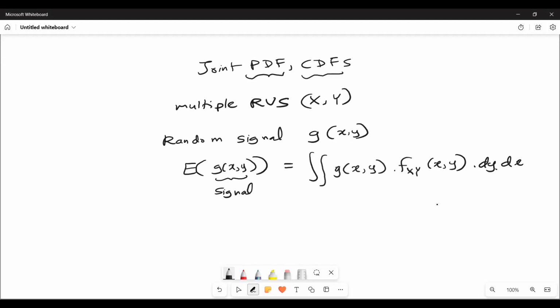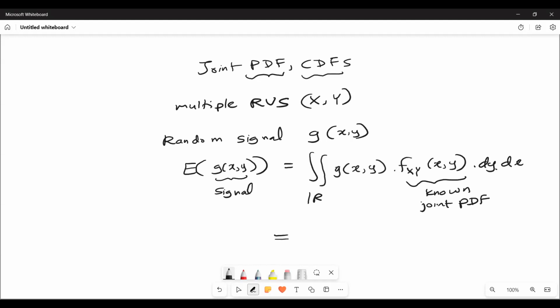Right? So if you want to find the expectation value of a certain random signal that is defined by multiple random variables, we need to take the integration of that random signal with its probability density function. This is known. This is the joint PDF function. And if we know this, we can find the probability of this random signal over a certain XY range.